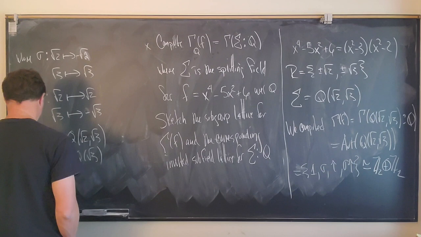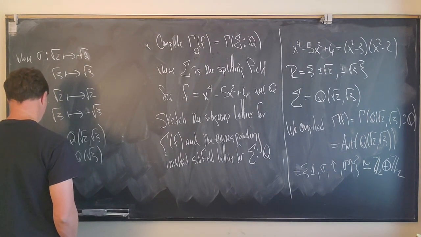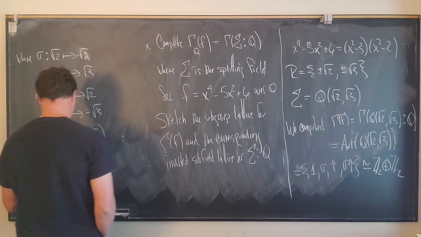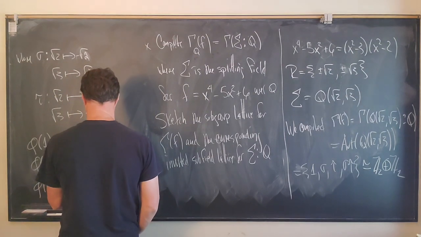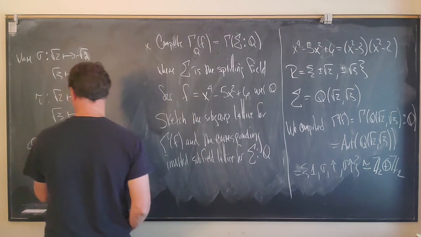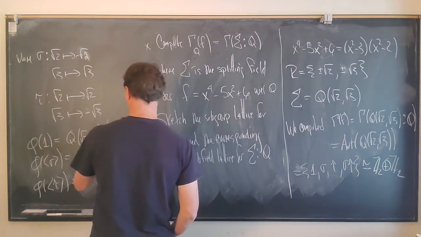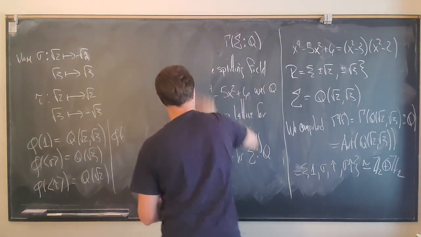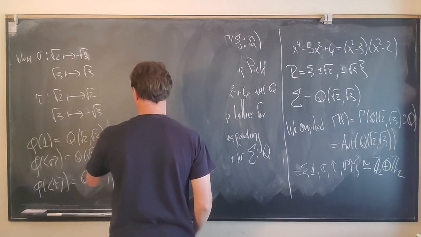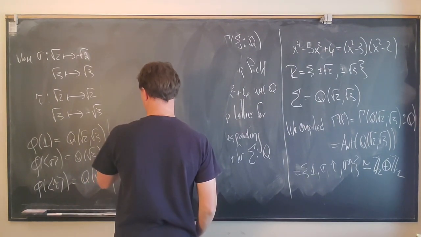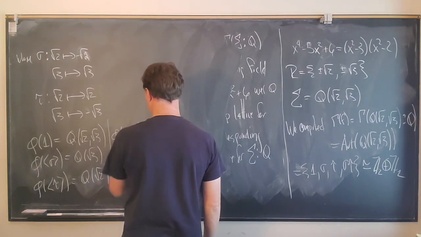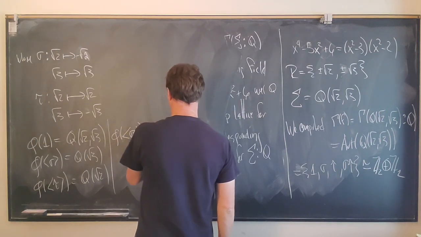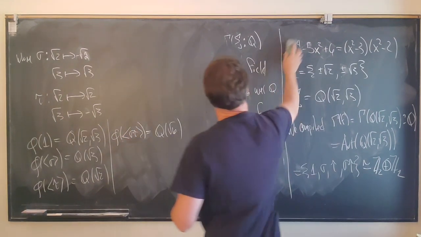The fixed field of τ is Q adjoin √2, and the fixed field of the subgroup generated by στ is Q adjoin √6. So we computed all of this a little while ago.